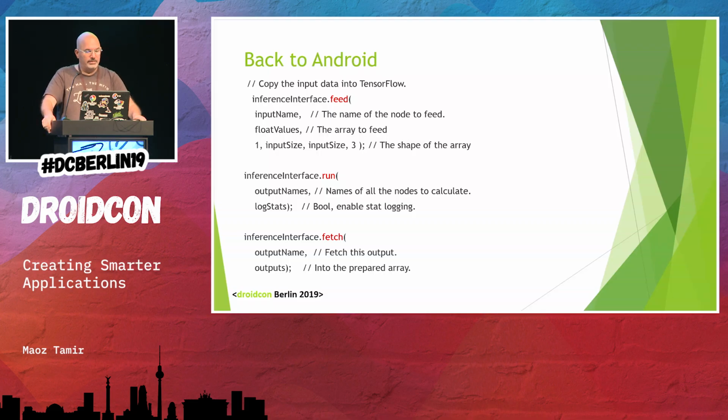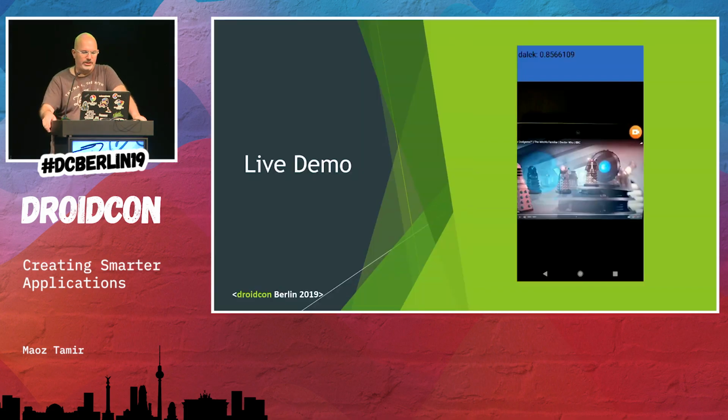Then we need to run it, which runs the actual image information on the prediction model, and then we need to fetch out the results. You've got two main properties of the fetch, which are the output name and the actual prediction that you are getting.